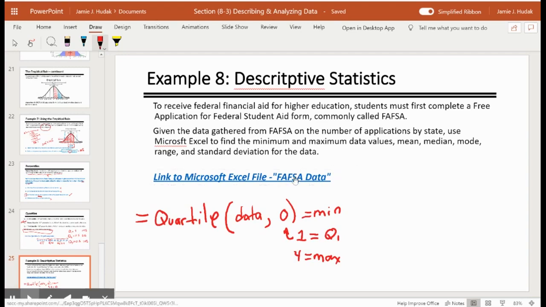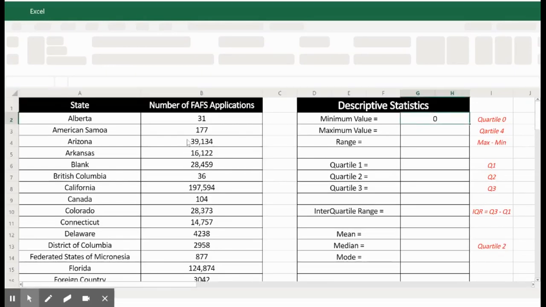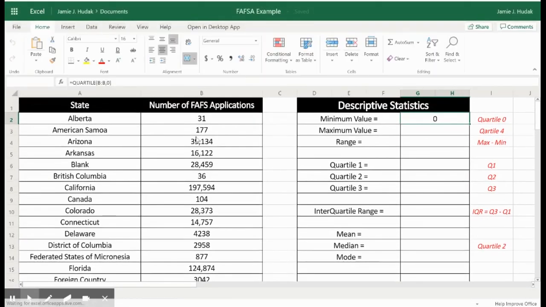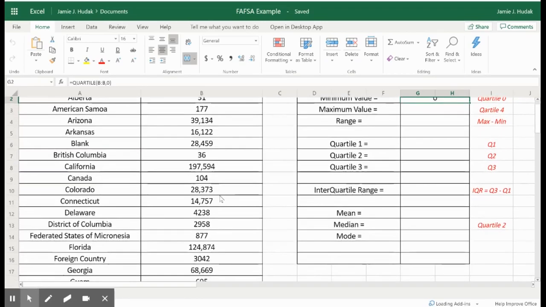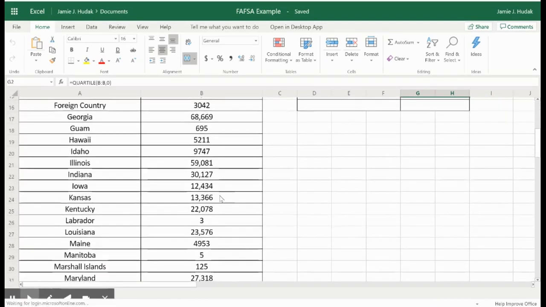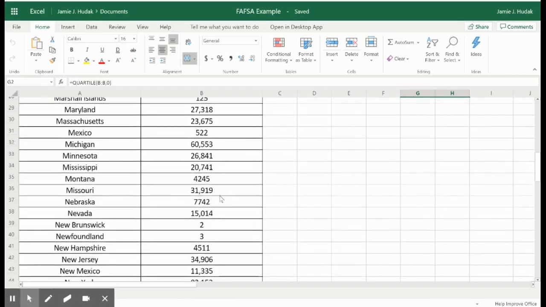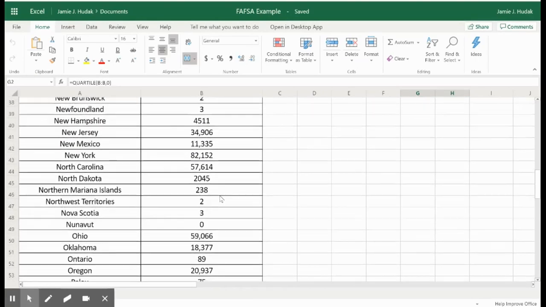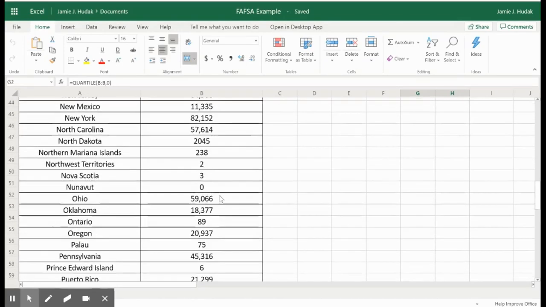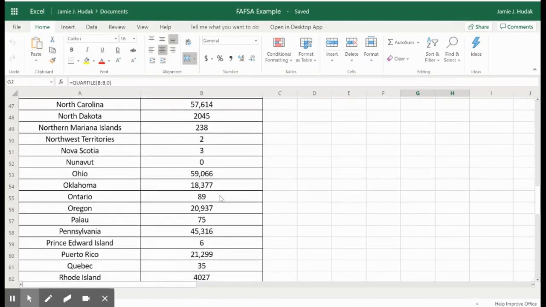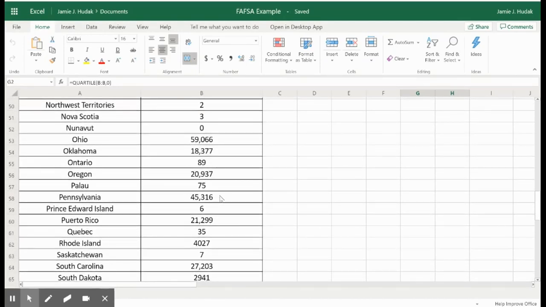Let's open up the Excel spreadsheet. So here you see is all of the FAFSA data by state. And if we go through this list, you can find the max, the min, you can find the quartile range, the mean, all of these things would be able to be calculated.